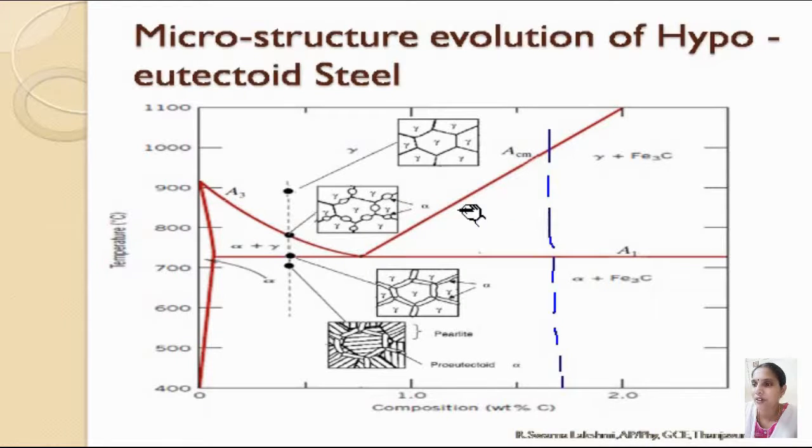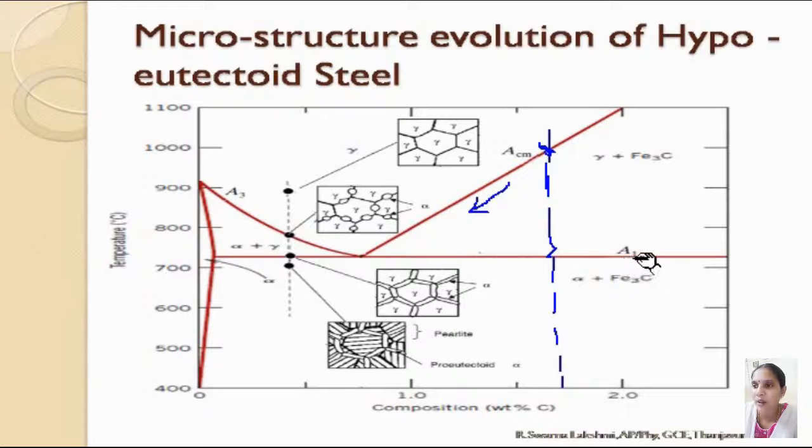So instead of alpha phase, you will have formation of pro-eutectoid cementite, and nucleation will happen once the cooling curve touches the upper critical temperature line for hyper-eutectoid steel, ACM, and the gamma phase composition would evolve along this line.